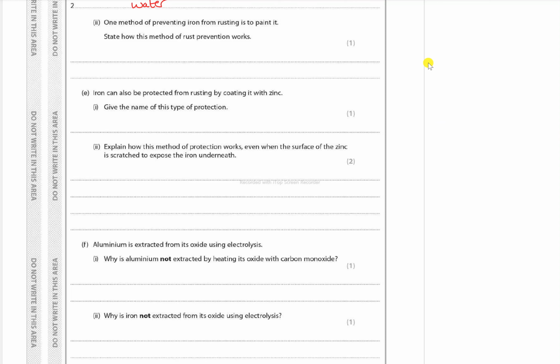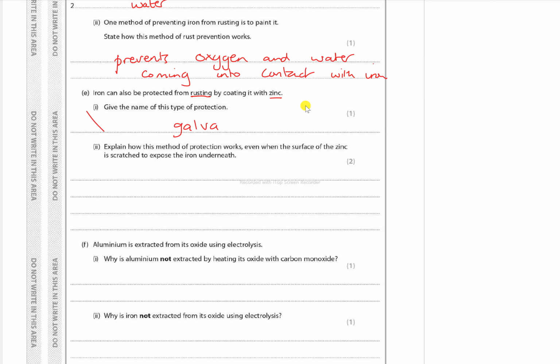Suggest what this does: it prevents oxygen and water coming into contact with iron. You can protect it from rusting by coating it with zinc. Remember, this is called galvanizing.